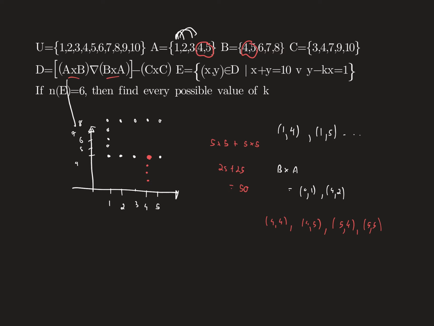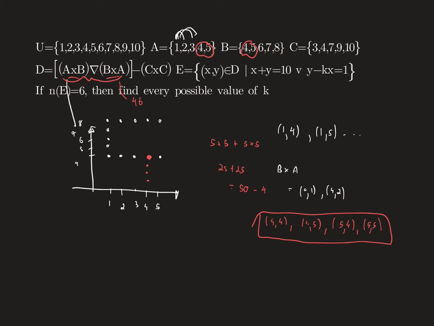But if you think like that, you're wrong, because there are some intersection areas that I just told you, and there are 4. So you need to subtract 4, and the total number of elements here will be 46.